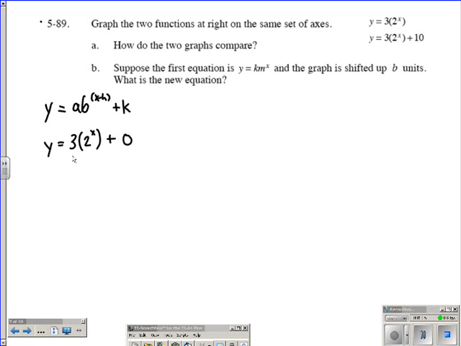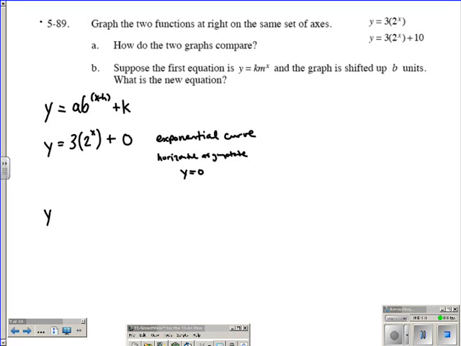So when we graph it, it should be an exponential curve that's going upward, and we should have a horizontal asymptote where our y value equals 0, because remember, our k affects our horizontal asymptote.